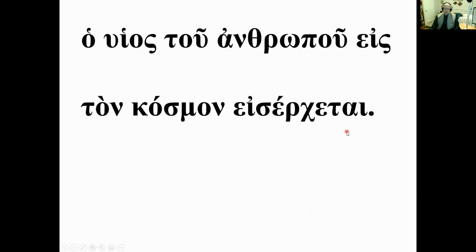Let's take one sentence before we finish. The Son of Man. See, the subject is in the nominative case, ho huios. The son, genitive case, tou anthropou. The Son of Man.